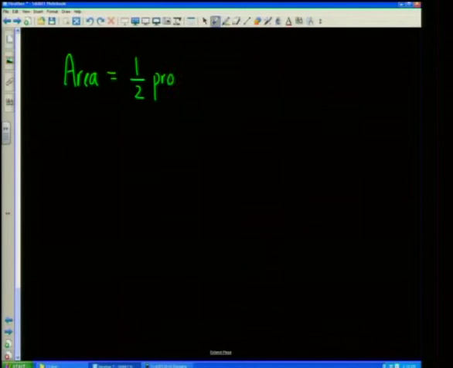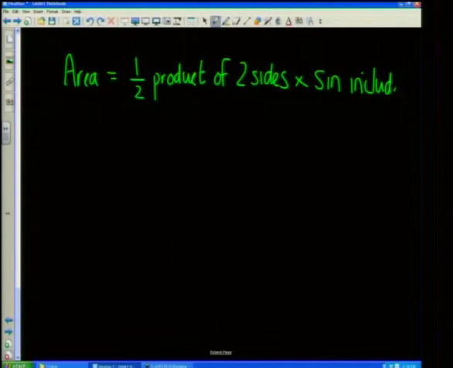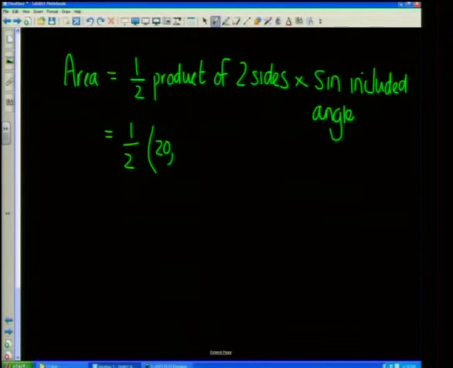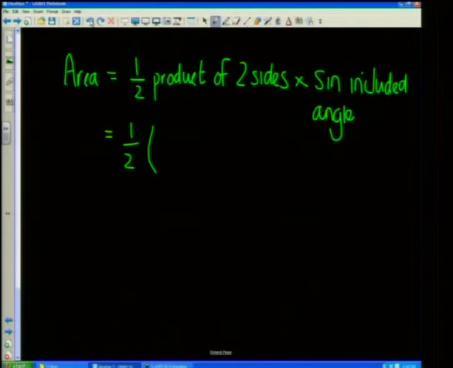So we're going to get our area is equal to half the product of the two sides, multiplied by the sine of the included angle. And so we are literally going to get a half times the product of our one side times our other side. Okay, that went a bit wayward.